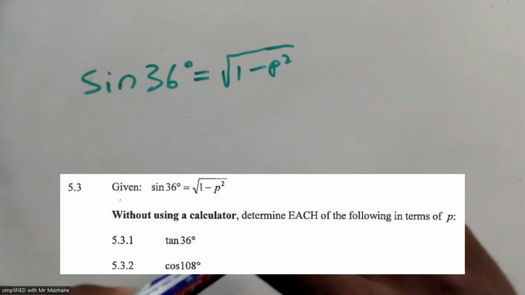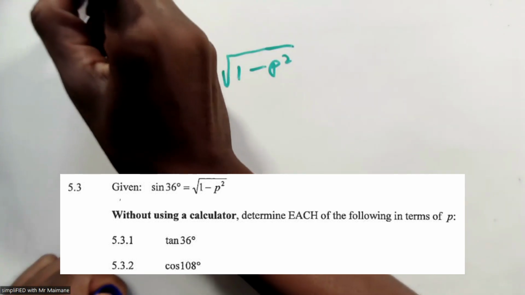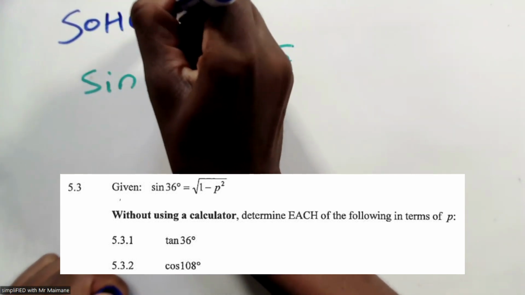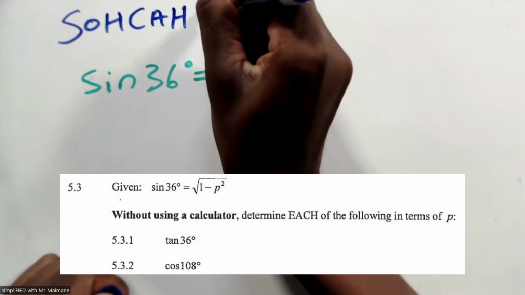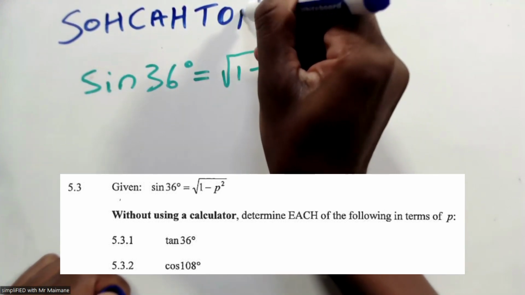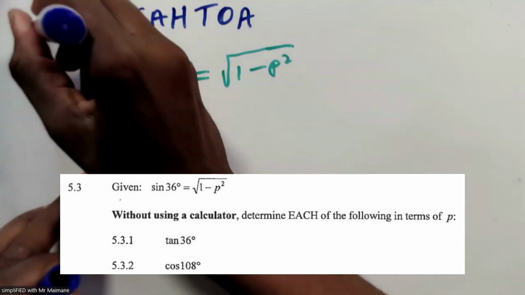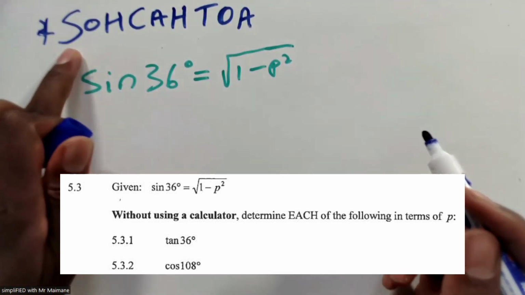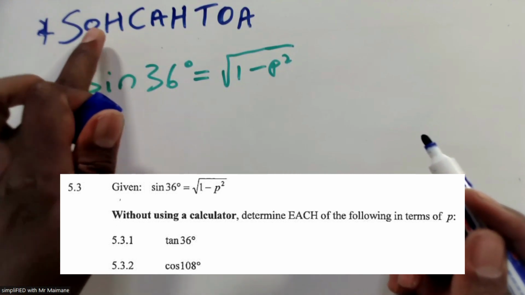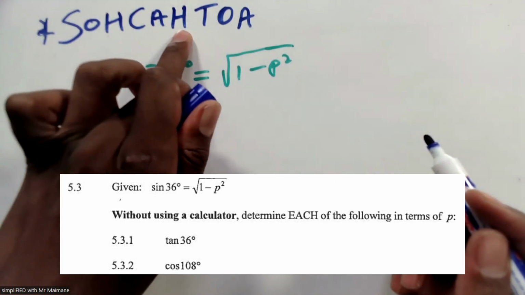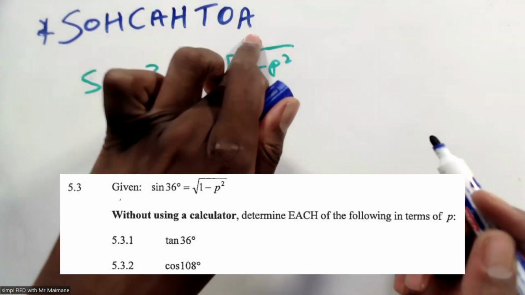And we know from SOH CAH TOA that sine is opposite over hypotenuse, cos is adjacent over hypotenuse, and tan is opposite over adjacent, given whatever angle it may be.